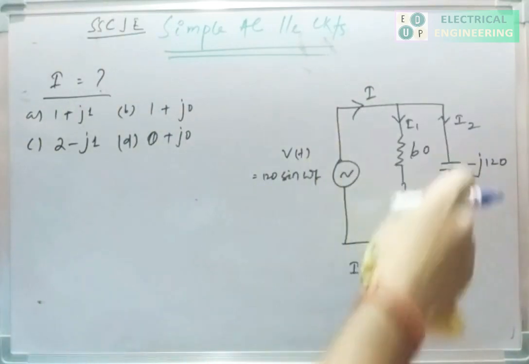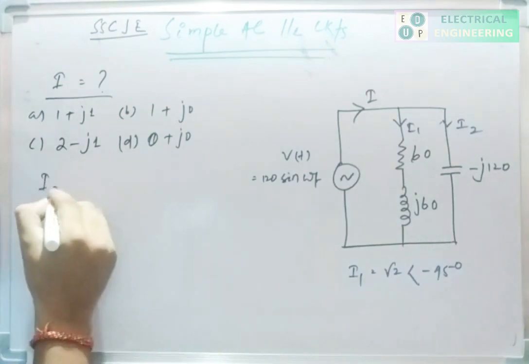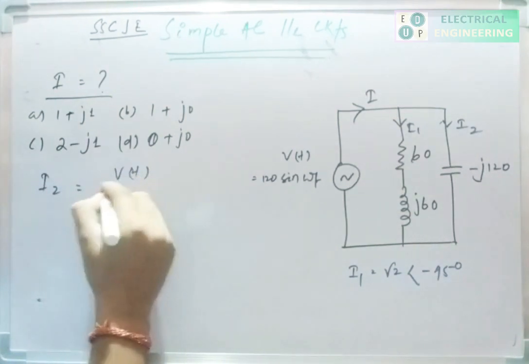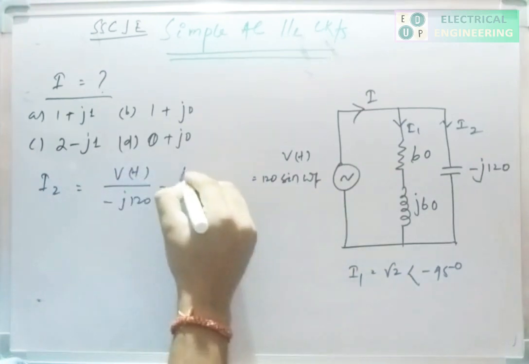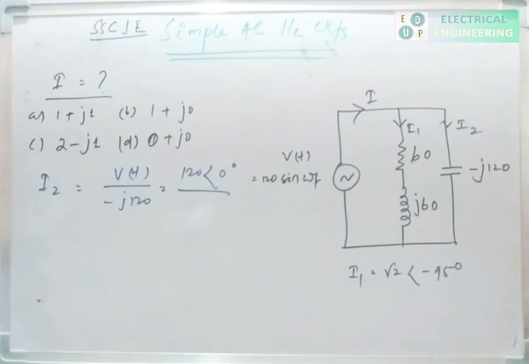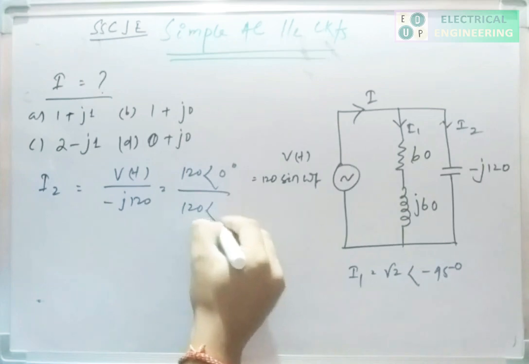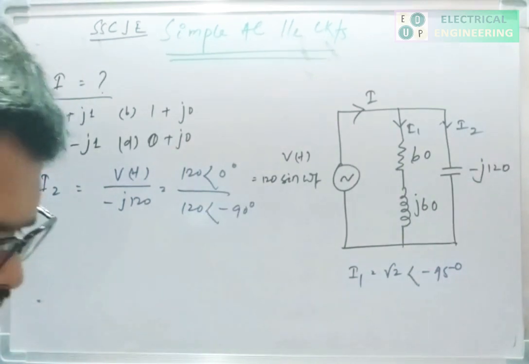Now we will find I2. I2 will be Vt divided by minus j120, that is Vt is 120 angle 0, and minus j120 converted into polar form is 120 angle minus 90 degree.